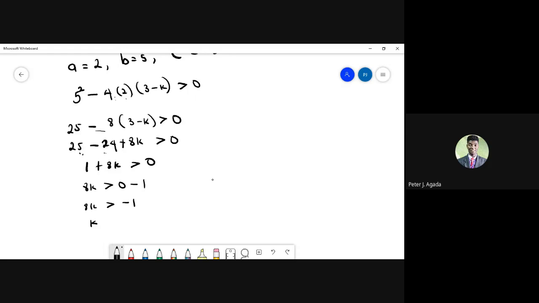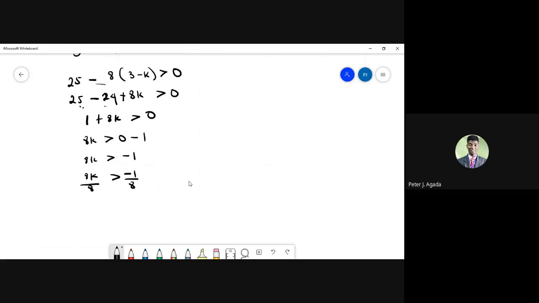So dividing both sides by 8, k is greater than negative 1 over 8. This tells you that my k value should be anything greater than negative 1 over 8. This is what my value of k should be. Anything greater than negative 1 over 8.